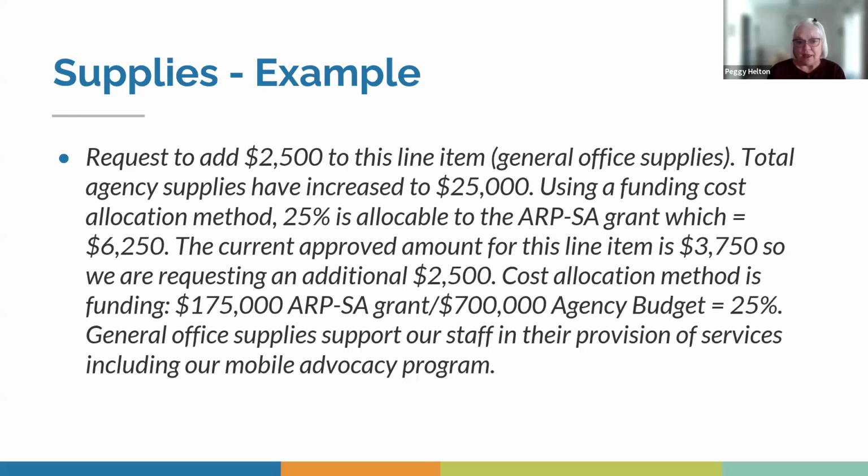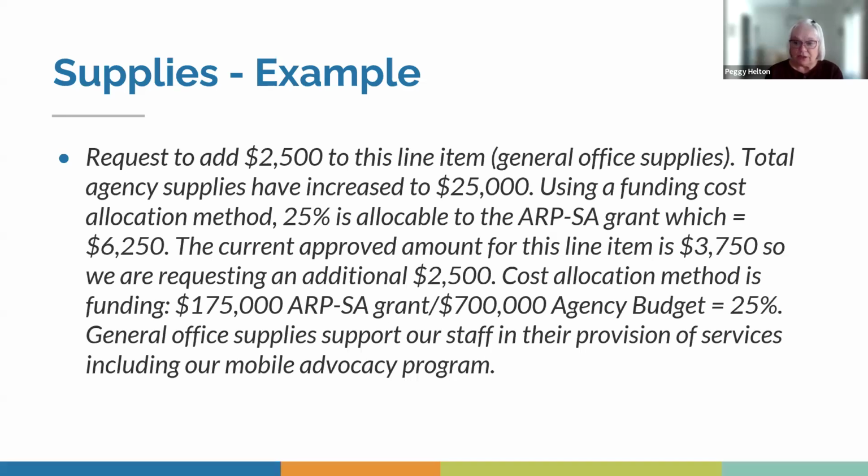Because of that cost allocation method, which we'll talk through in just a minute, you find that 25% can be attributed to this grant, which is $6,250. The current amount that you have approved is $3,750, so you're requesting an additional $2,500. Does that make sense?